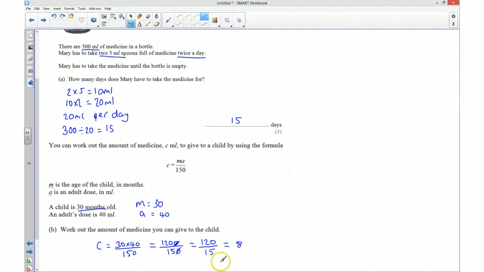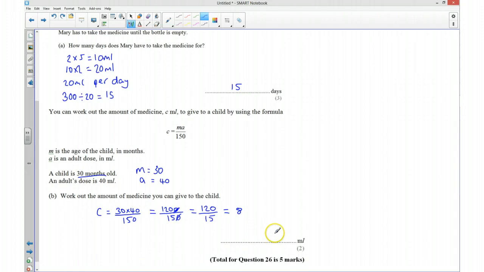Okay, so that means that we can give 8 milliliters to a child. So the answer here is going to be 8.